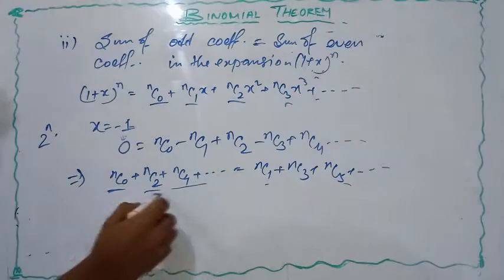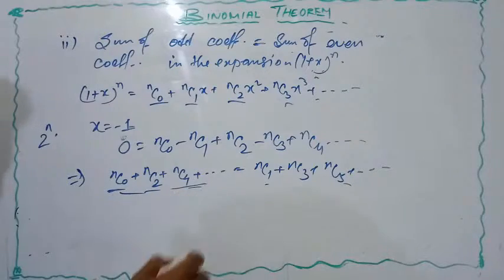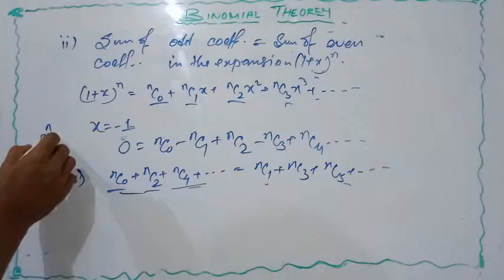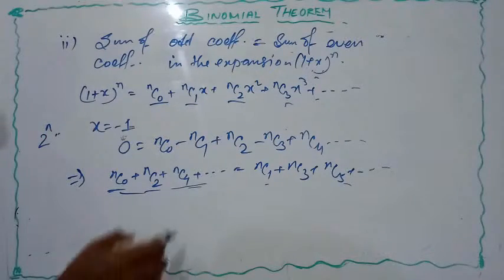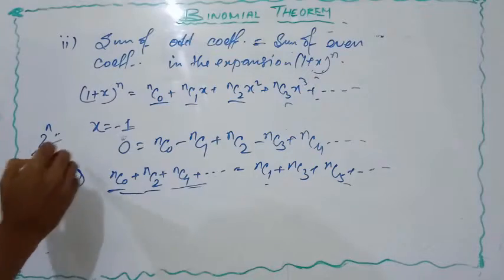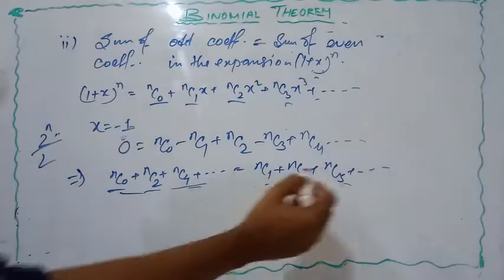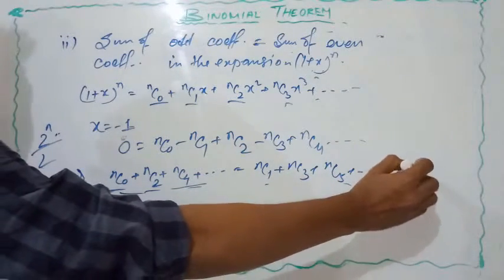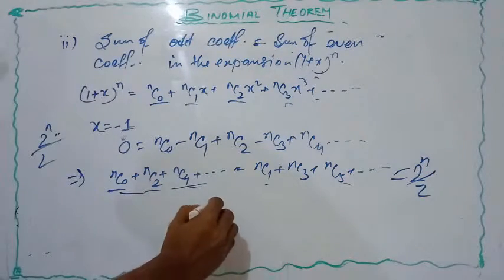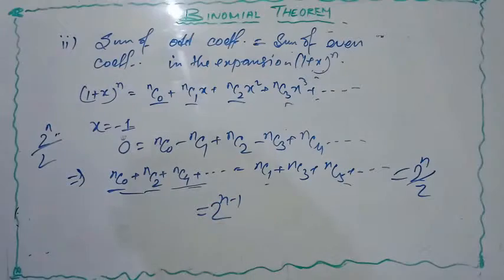What is the value of the sum of odd coefficients? We know the sum of all coefficients is equal to 2^n, so the sum of odd coefficients is nothing but 2^n by 2, which is nothing but 2^(n-1).